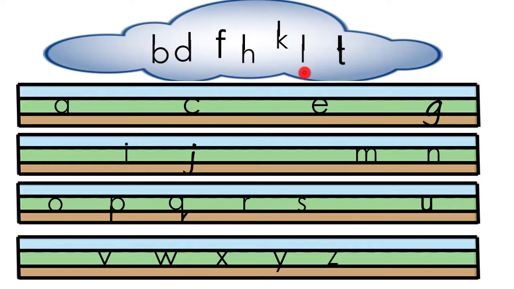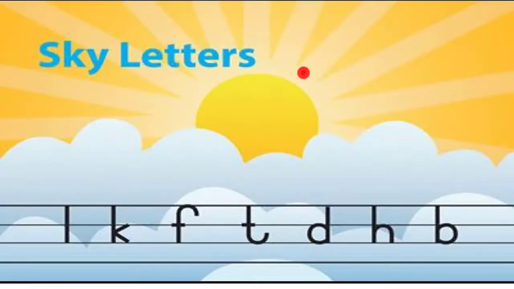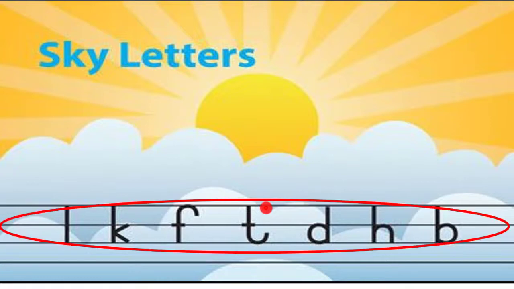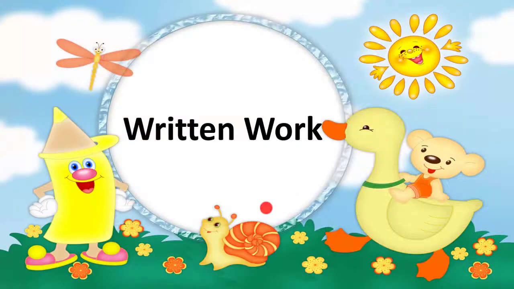That's why they are called sky letters. All these letters are written in upper 3 lines and they are touching the skyline. That's why they all are sky letters.